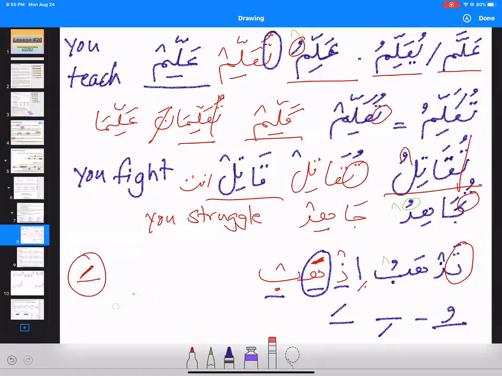So tazhabu, what happened? Zahaba is the madi, and then when we come to mudariya, it will become yazhabu. And now anta would be tazhabu.